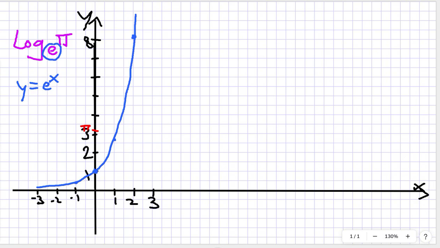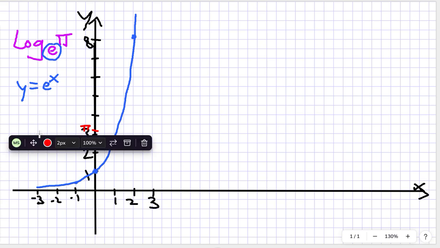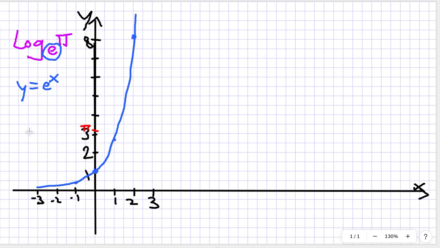Again, we're just freehanding this. That's okay. We're looking for an estimation. So let's draw that constant here. This is going to look something like this, and that's good enough for us.